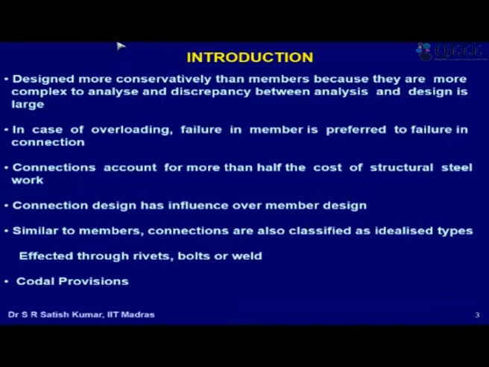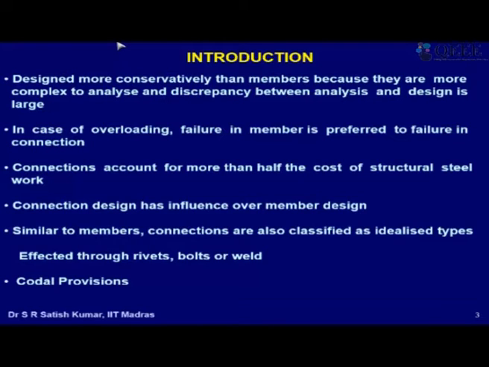So we try to keep the analysis simple and we keep a slightly higher margin of safety. Also, in case there is overload, because we do have a load factor, but load can exceed the working load into load factor, that is called the ultimate load. In that case, the member or connection, something has to fail eventually. If the connection fails, then it is as if multiple members which are connected at that point have failed.